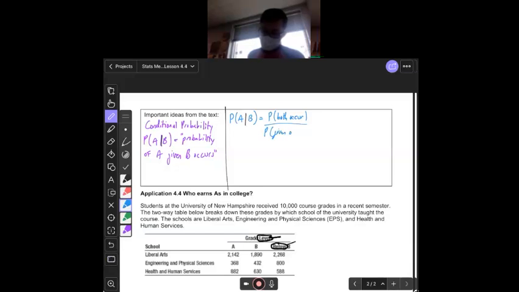Again, you have to make sure you read thoroughly, make sure you know which one's the given. Or another way to say that would be the probability of A and B divided by the probability of B. And again, all you need there are the numerators of the probabilities. You do not need the denominators. And again, if you're curious, I can show you why that is mathematically. The denominators don't matter.